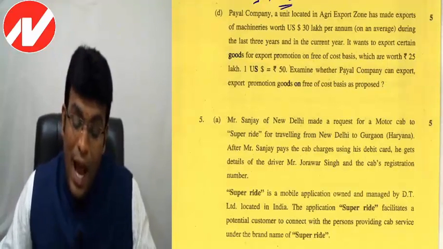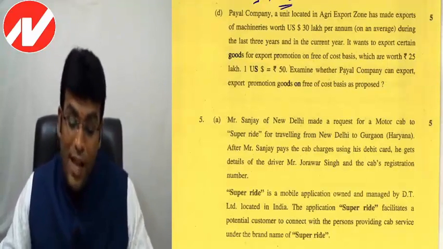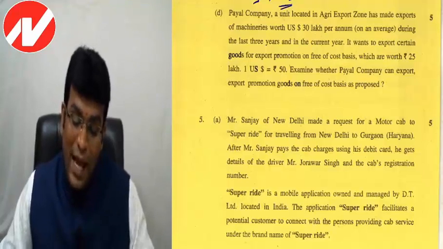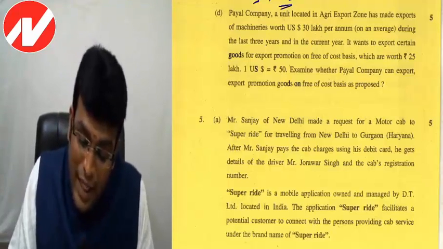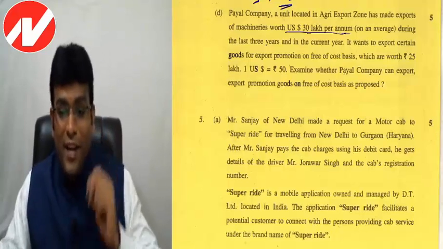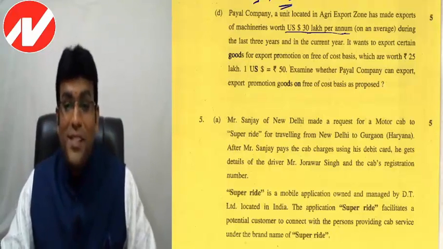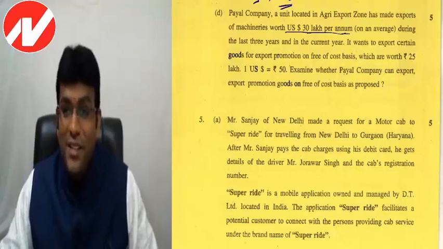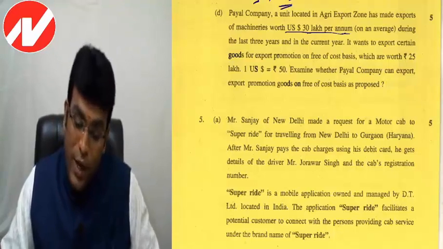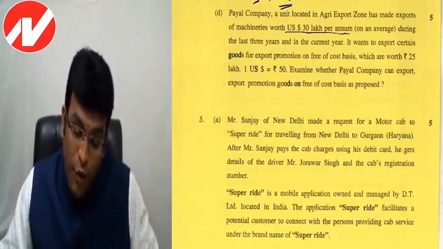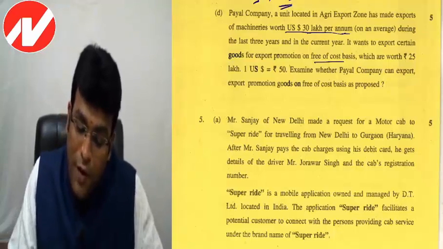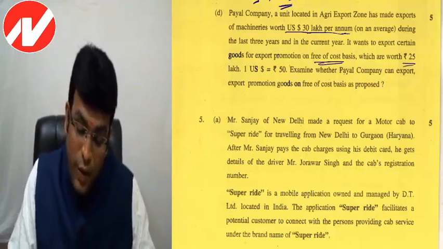Pile company, a unit located in what, my dear friends? Agri export zone, has made an export of $30 lakh per annum on an average during the last 3 years. It wants to export certain goods for export promotion on free of cost basis, which are worth 25 lakhs.